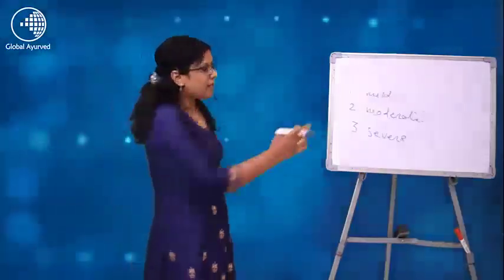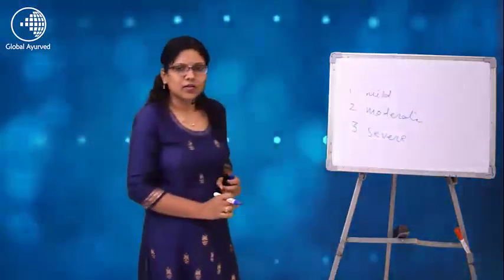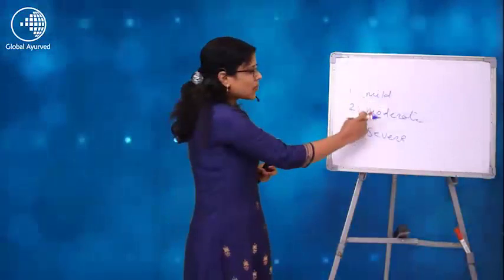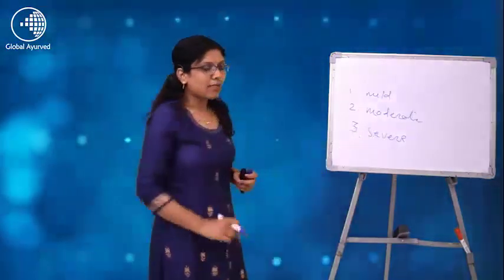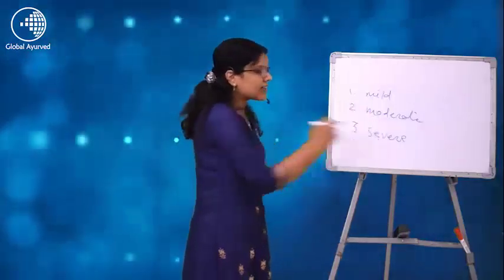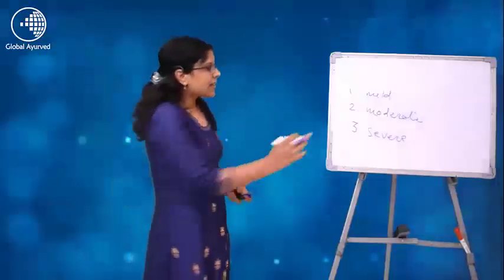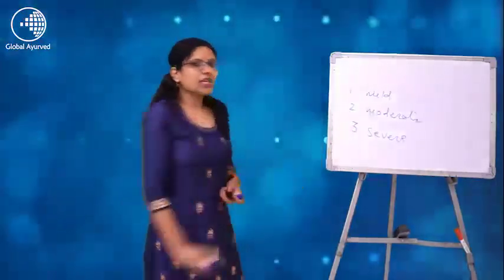We know that mild is more than moderate, moderate is more than severe. Okay, mild से moderate ज़्यादा है, moderate से severe ज़्यादा है, but mild से moderate कितना ज़्यादा है, moderate से severe कितना ज़्यादा है, ये हम नहीं बता सकते. Means here data is only arranged in the ascending or descending order.